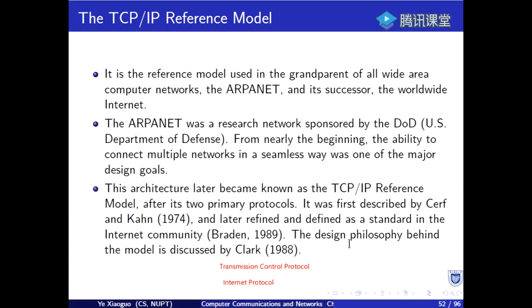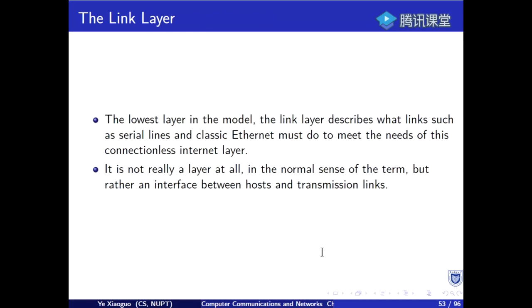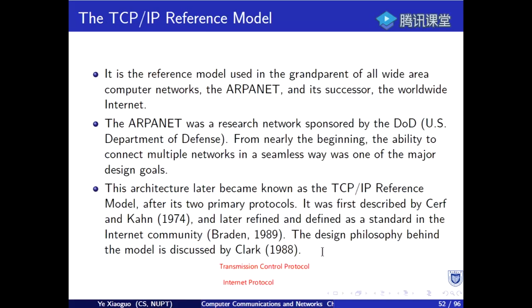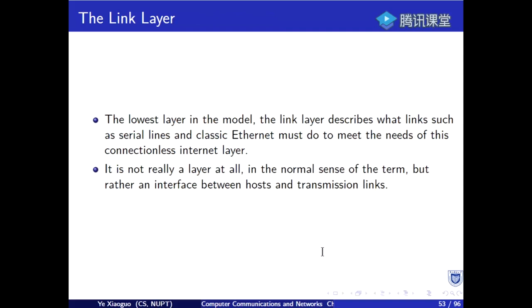What's the content of the TCP/IP reference model? It defines a four-layer architecture. The lowest layer in the model is the link layer.